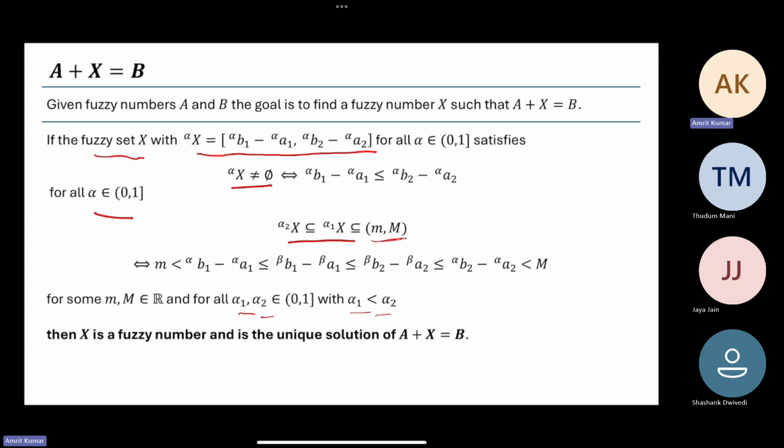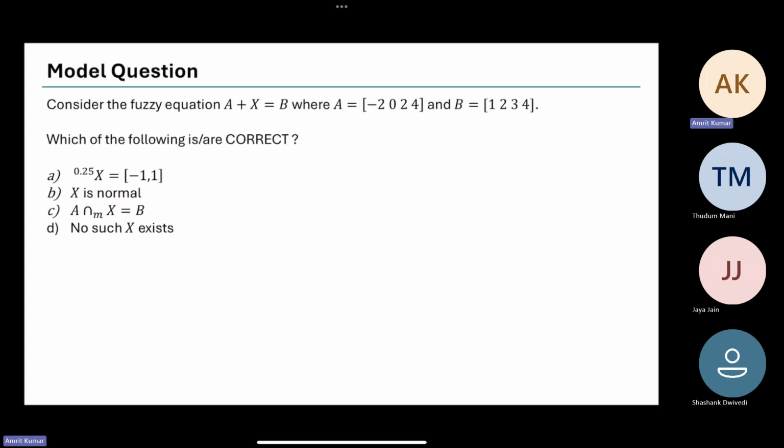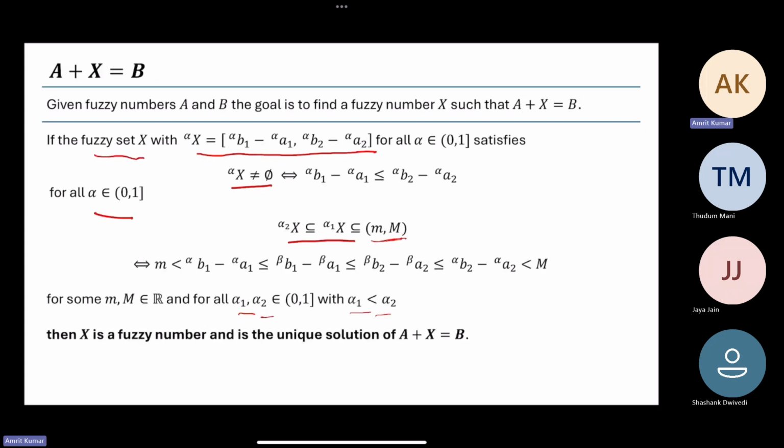So basically, this condition means that if you pick any alpha cut, alpha 1, it is contained in the interval from minus m to m, which means that all alpha cuts are bounded. So if you can find such a fuzzy set x, then x is a fuzzy number and it is the unique solution of A plus x equals B. And this is basically what we use to find the solution of these fuzzy equations of this type.